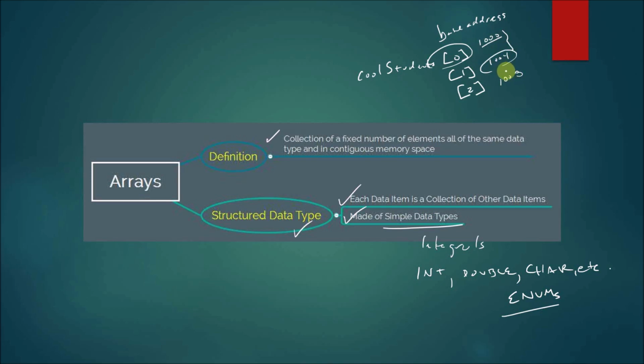So you can see here that they're all in a contiguous memory space, in which all the data elements in this example were of an int simple data type.